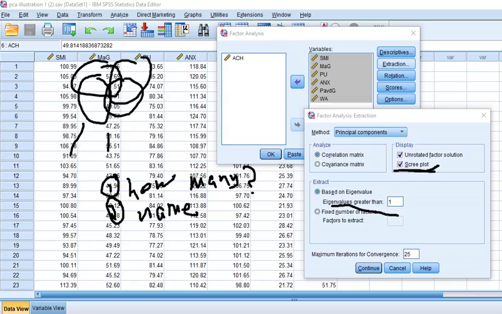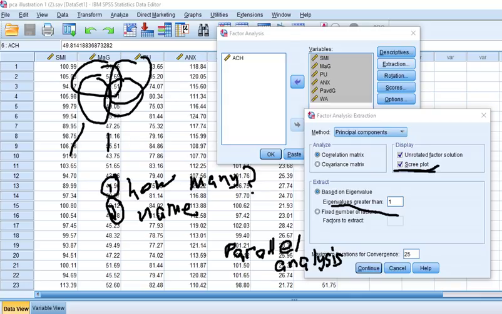Another approach to deciding how many to retain is a technique called parallel analysis. It's essentially a simulation approach where you generate eigenvalues from randomly generated correlation matrices containing the same sample size and the same number of variables.